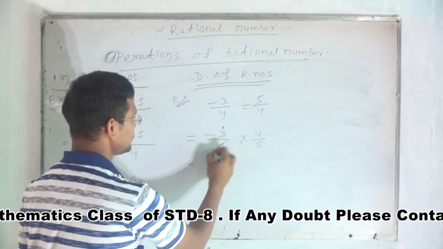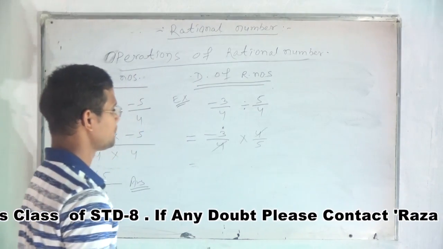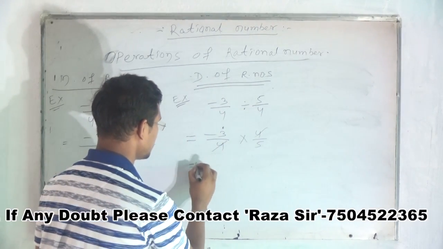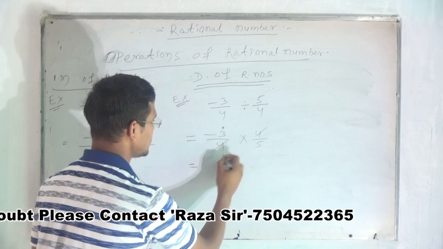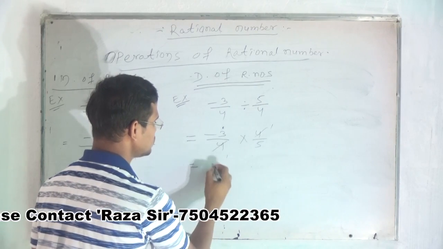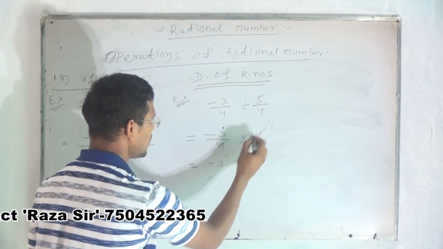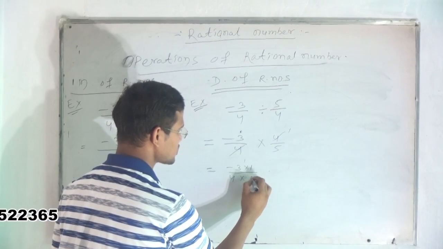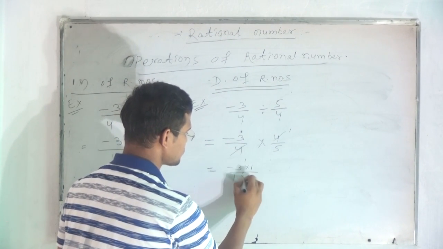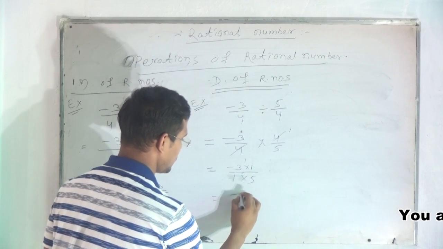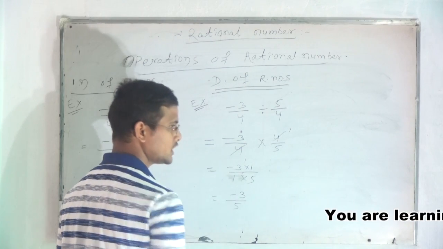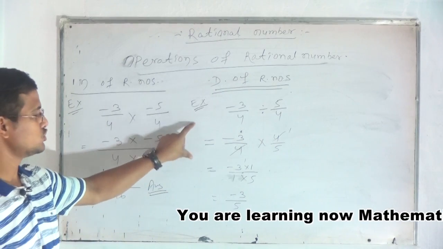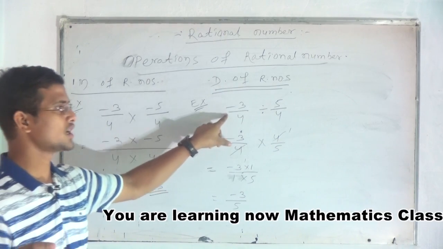Then you simply cancel, you know how to cancel. 4 1s are 4, 4 1s are 4, then minus 3 into 1, you do some steps, minus 3 by 5.